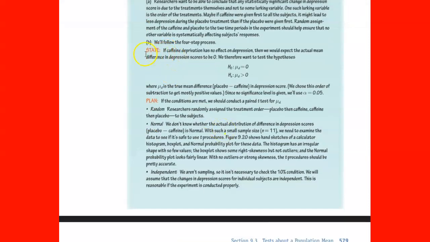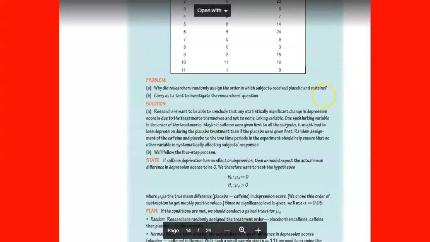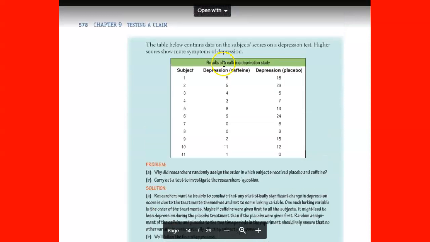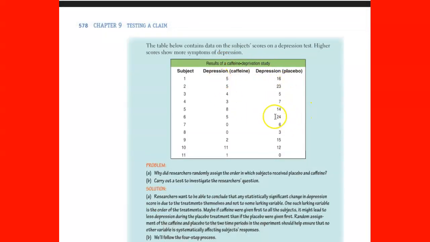And so, state, plan, do, conclude, here we go. If caffeine deprivation causes no effect on depression, here's what we would expect, that the average difference would be 0. If I take placebo minus caffeine, one time this would be higher and this would be lower. That would be a positive difference. But then one time this would be lower and this would be higher. And so the average difference would be 0.